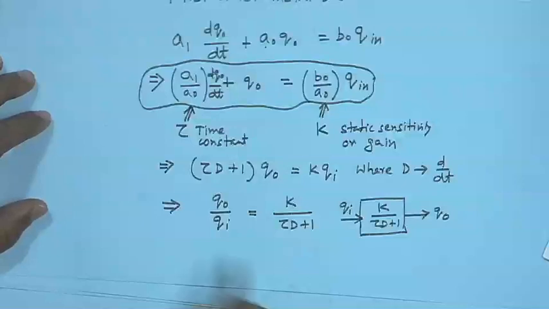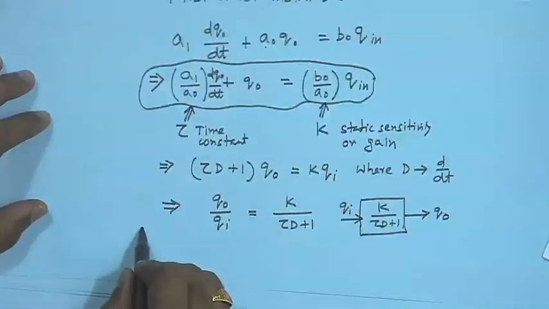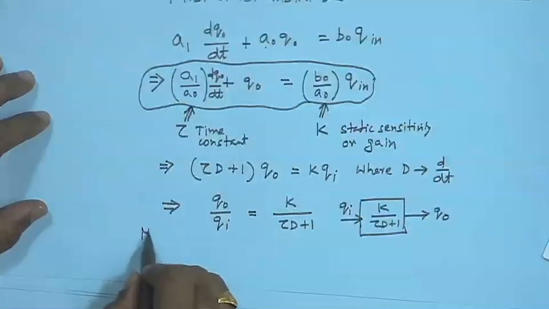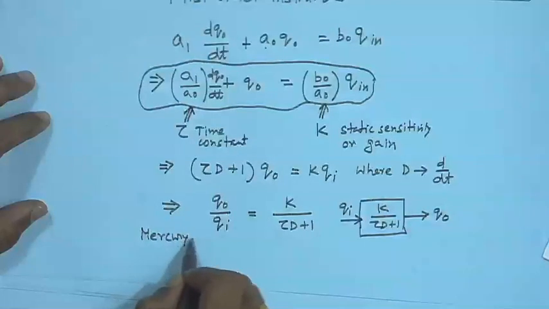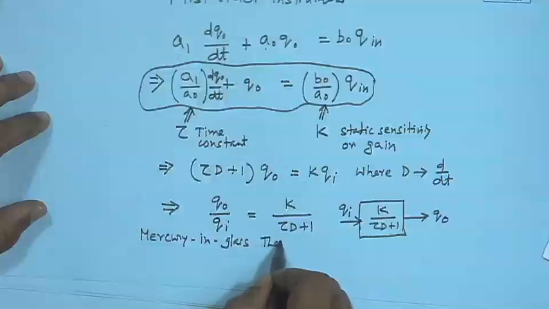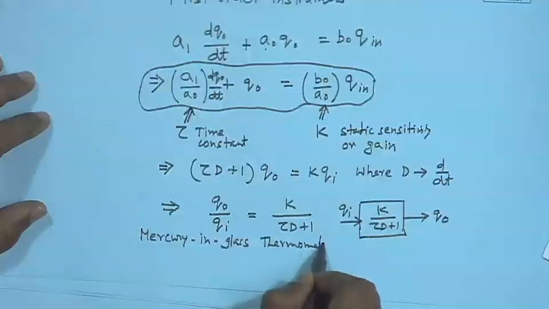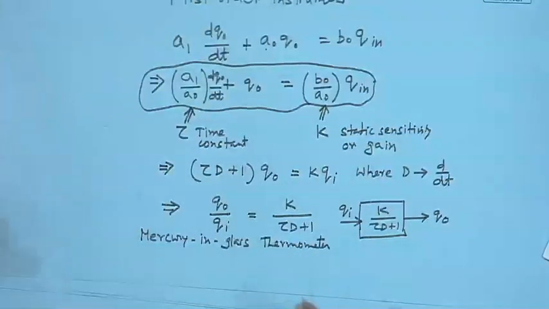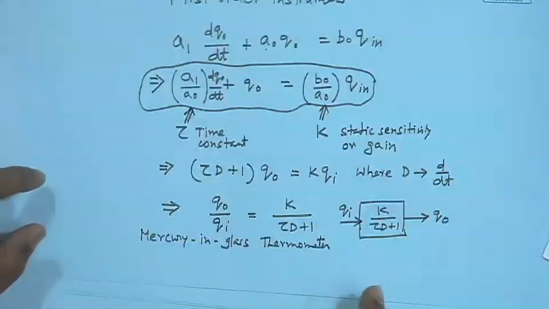For example, a mercury in glass thermometer, to be more specific, a bare ordinary mercury in glass thermometer, that means a mercury in glass thermometer without any cover will behave like a first order instrument.